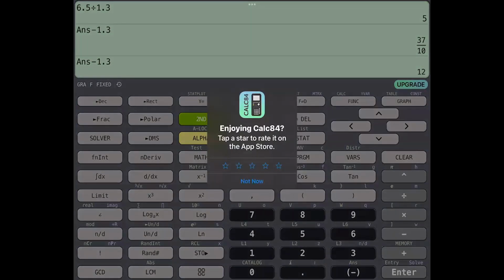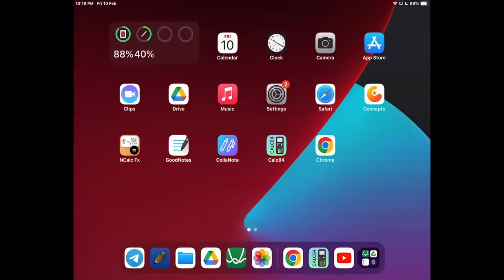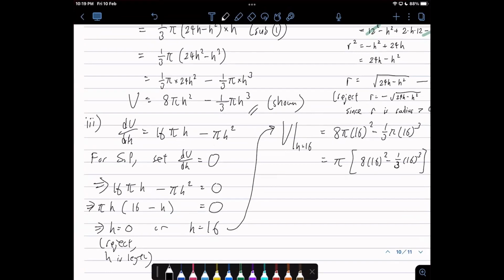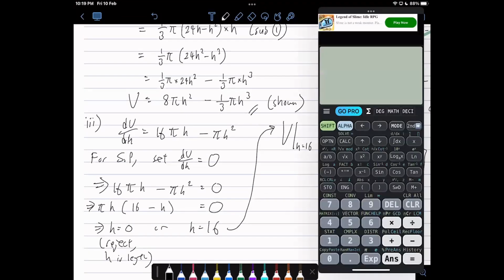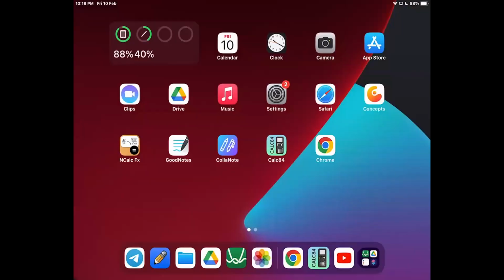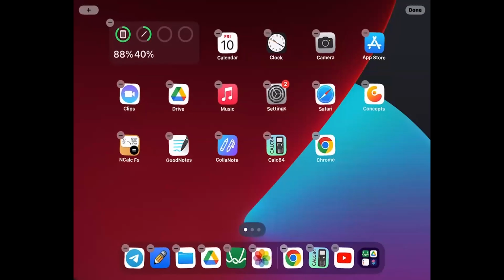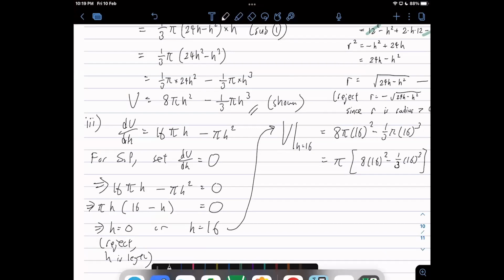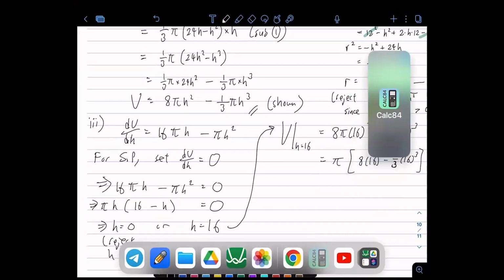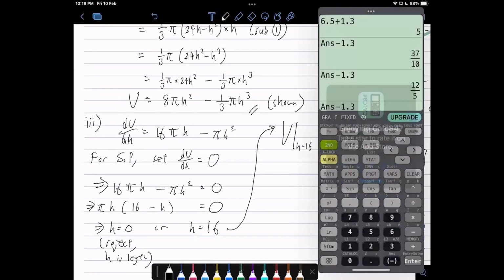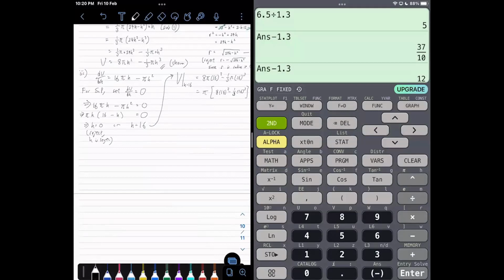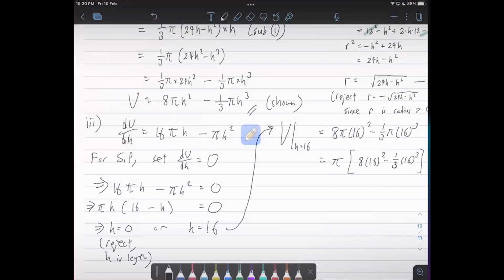You have to slide up. I forgot how I set this up already. Maybe it's not Calc84. I don't know. But anyways, what's the value? Go and figure out later.